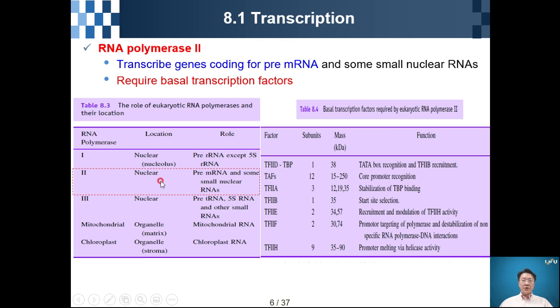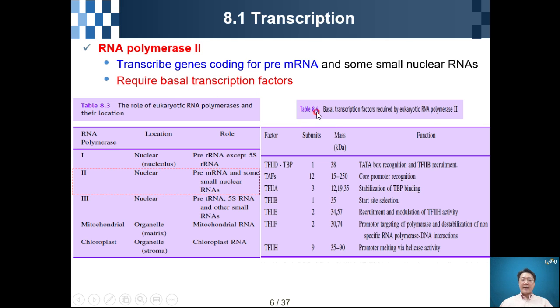The main function is to transcribe genes coding for pre-mRNA and some small nuclear RNAs, but we will focus on pre-mRNA synthesis. And also RNA polymerase 2 requires basal transcription factors.